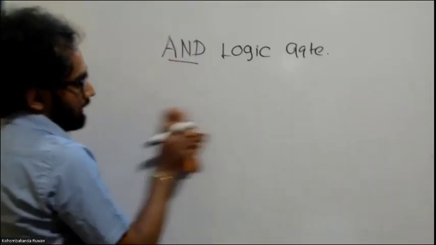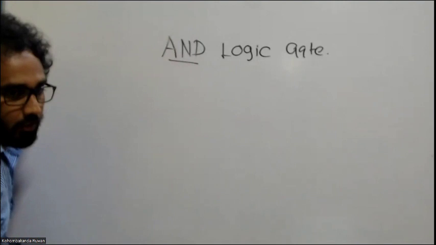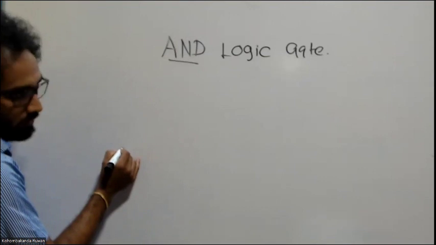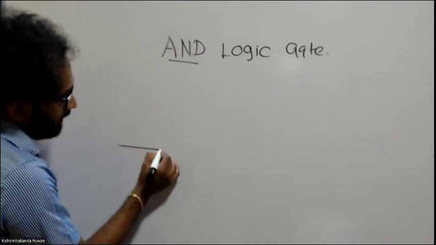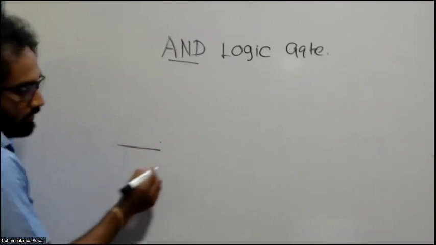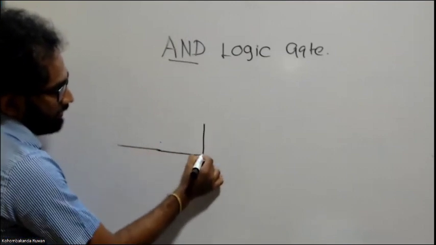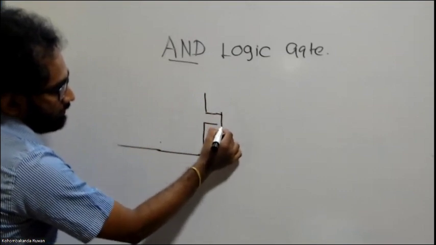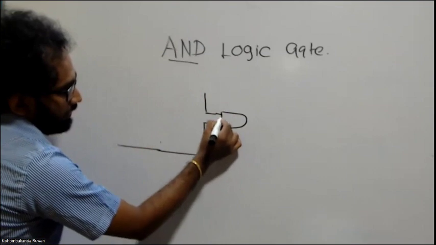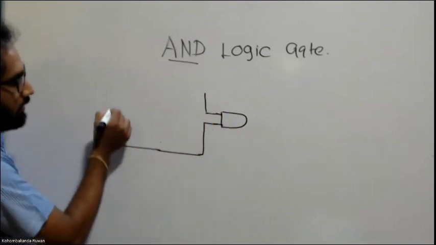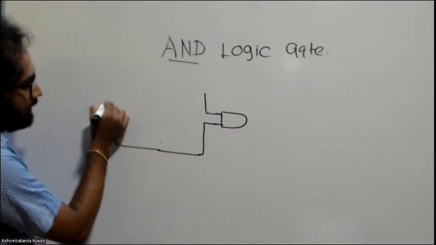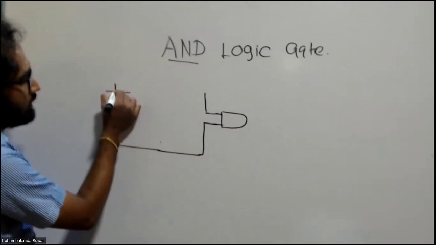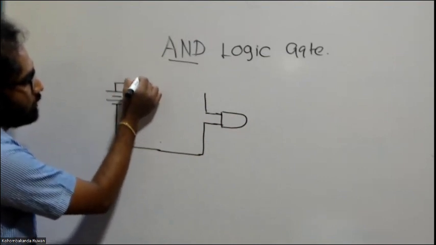I will draw some circuits. Assume that here there is an LED bulb, and here you can see two batteries, and here there are two switches.